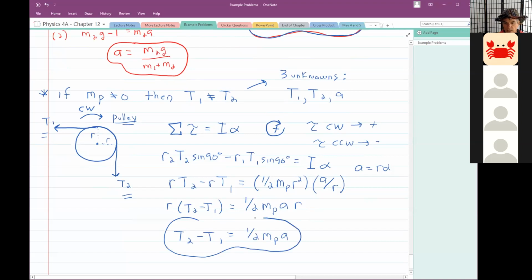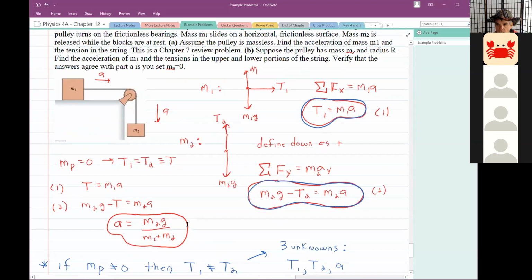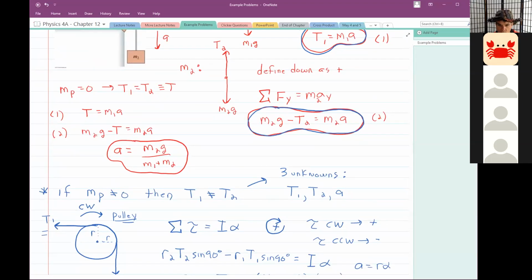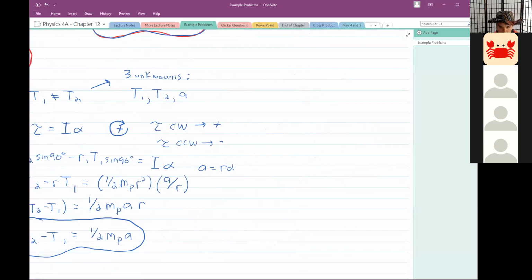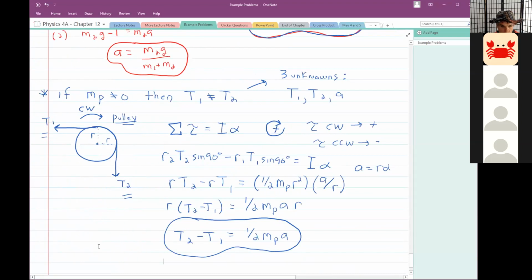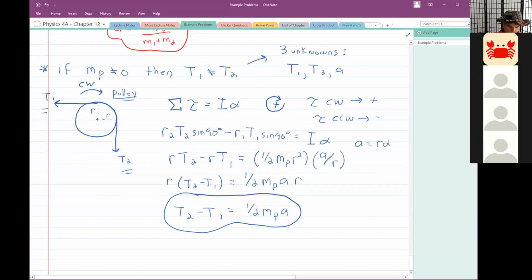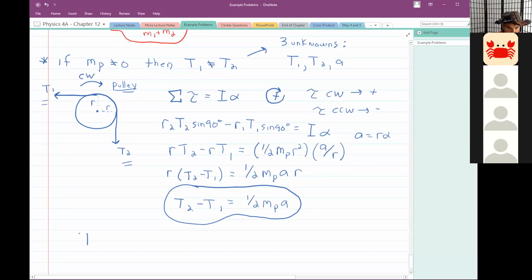Here is the third equation that I now have, so I have 3 equations with 3 unknowns. Let me write them down here. The first equation was T1 equals M1A.